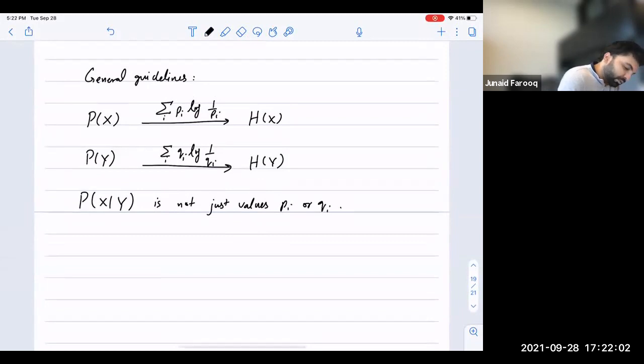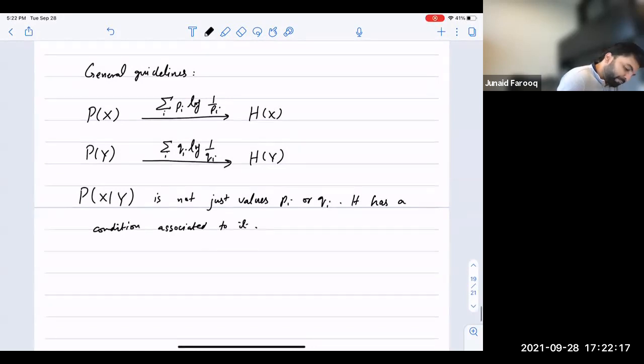So it has a condition. So that means P of X given Y equals y is a probability distribution.